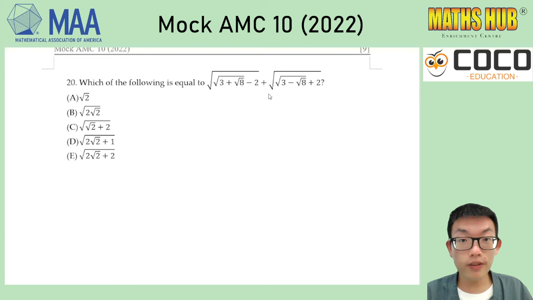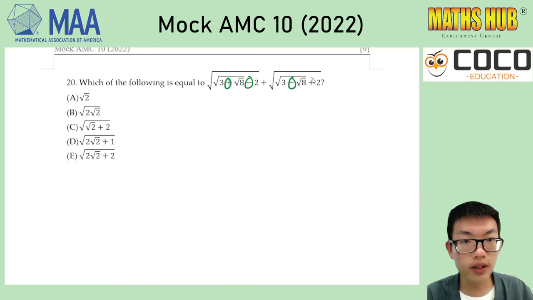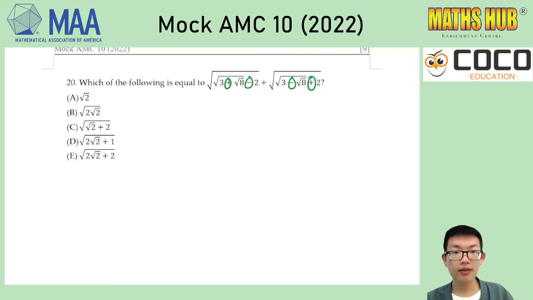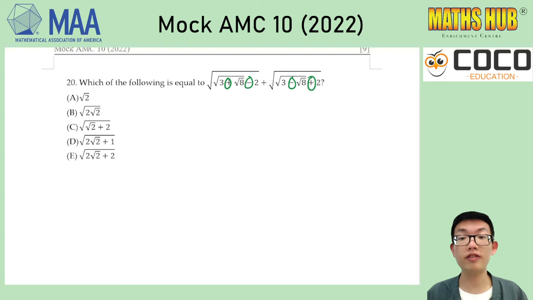So which of the following is equal to this thing here? We can kind of see that there is a lot of symmetry in our computations. Now, normally in these cases, if they were truly conjugates of each other, I would like to square the whole thing.